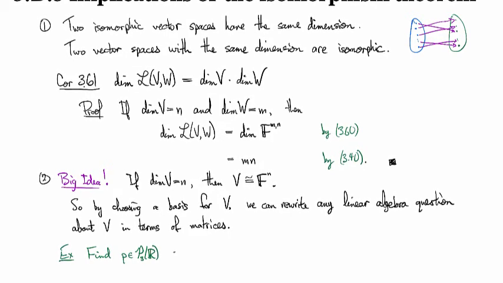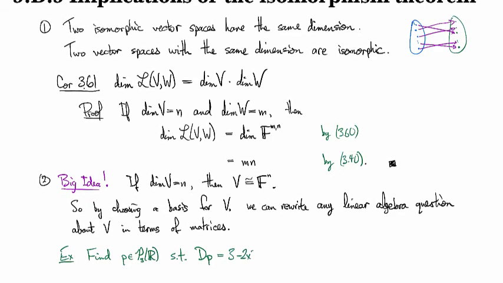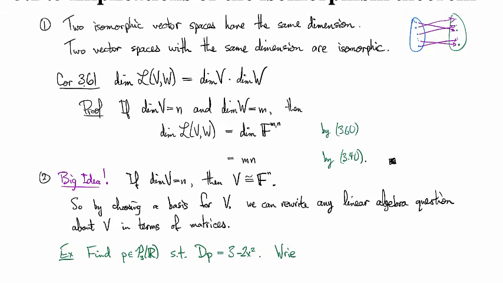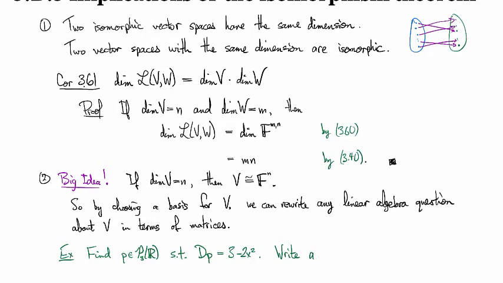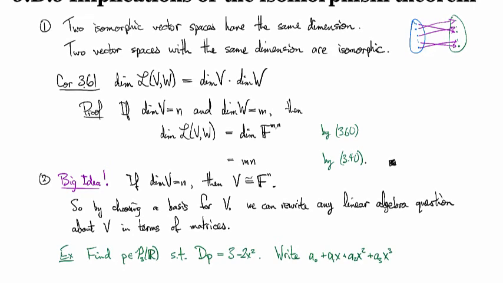So for example, if you were setting out to find a polynomial in P3(R) such that applying d to p, so that's the derivative, you get 3 minus 2x squared, then you could begin by writing, say, we're going to encode the polynomial a0 plus a1x plus a2x squared plus a3x cubed.